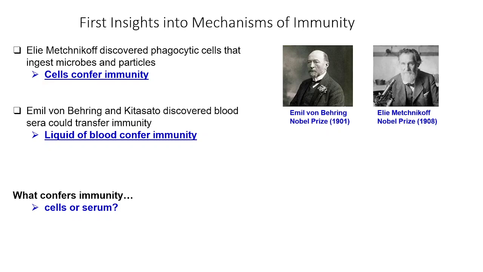Cellular immunity was introduced after Metchnikoff observed phagocytic cells like the macrophages, and this immunity is conferred by the actions of specific cells in the body, whereas serum immunity was shown by the other two scientists, who found it was conferred by substances later identified as antibodies in the liquid part of the blood.